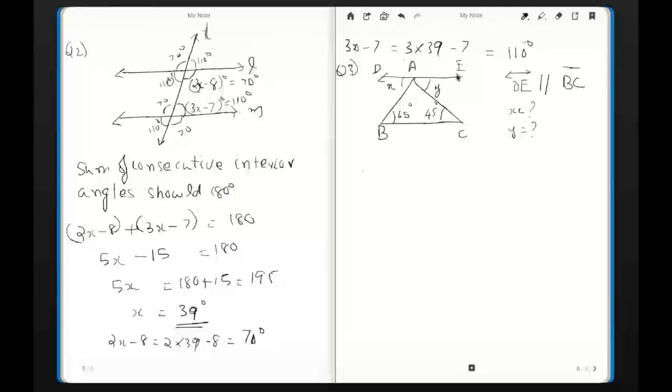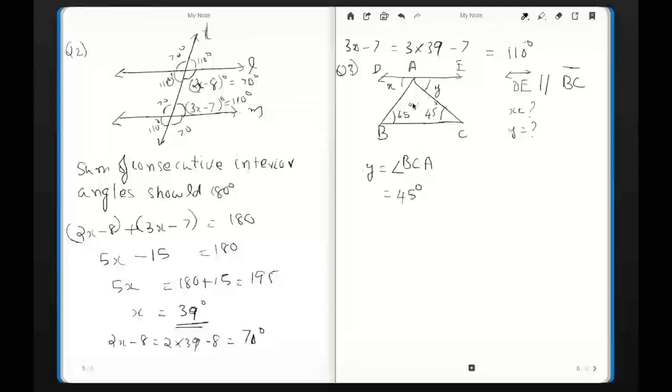So these two angles, angle EAC and angle BCA, are alternate interior angles. And so, which means Y is equal to angle BCA, because they are alternate interior angles, that is equal to 45 degrees.